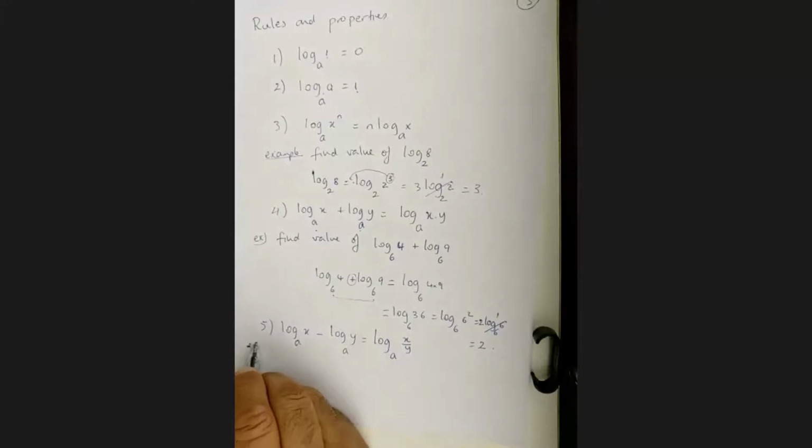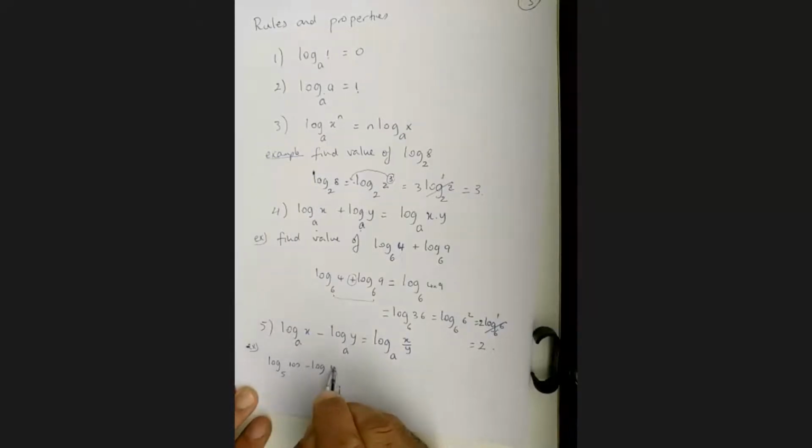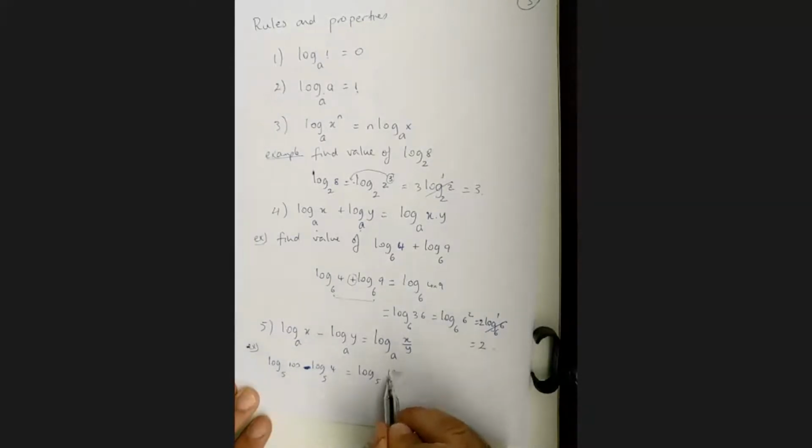Let's do an example for that one as well. Logarithm of 100 to base 5 minus logarithm of 4 to base 5. We can rewrite them as a single logarithm in base 5, and we have a negative sign there, so we are going to divide 100 by 4.